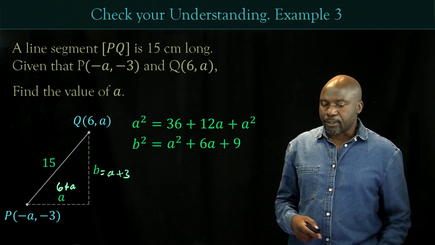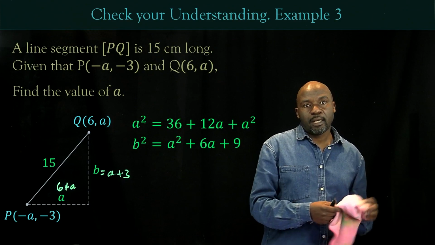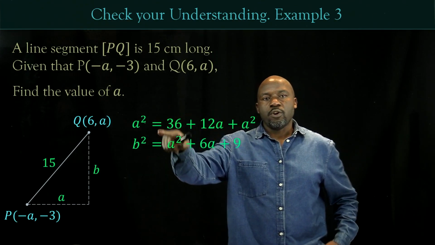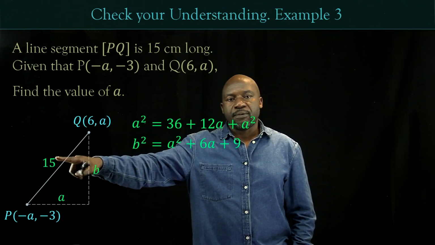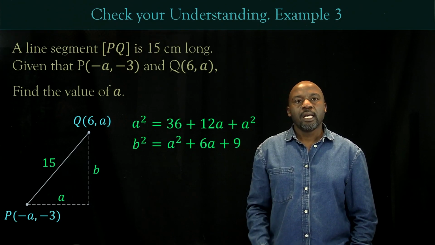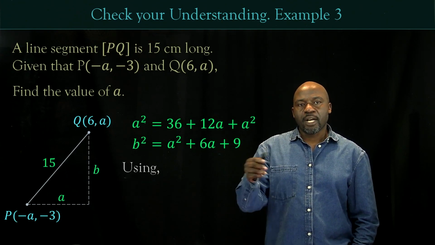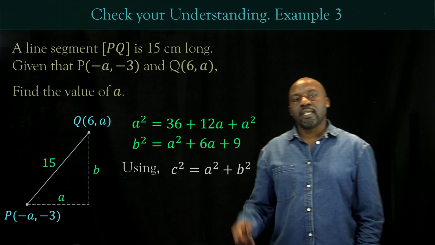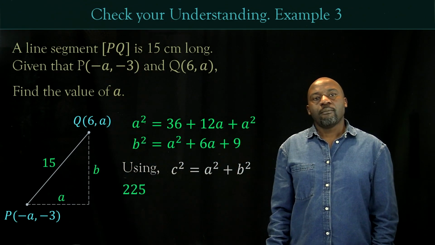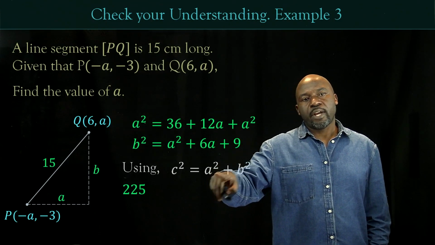All right, so that is A squared and B squared. Now the value of C is 15, so C squared must be 225, 15 squared. And so we can write using Pythagoras theorem, C squared must be 15 squared, so 225 must be equal to A squared plus B squared.